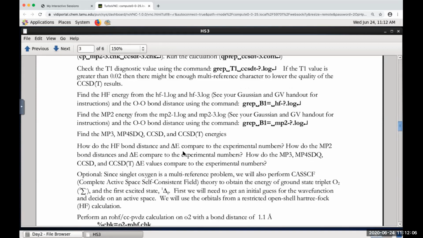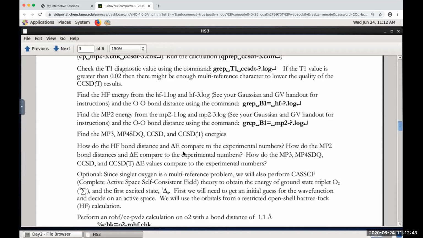Can somebody tell me if the bond distance is going to be different between the Hartree-Fock and the MP2 calculation that I've asked you to do? Will it differ or will it be the same? Okay, so let me emphasize that. We're going to be optimizing at the Hartree-Fock level, and we're going to be optimizing at the MP2 level.